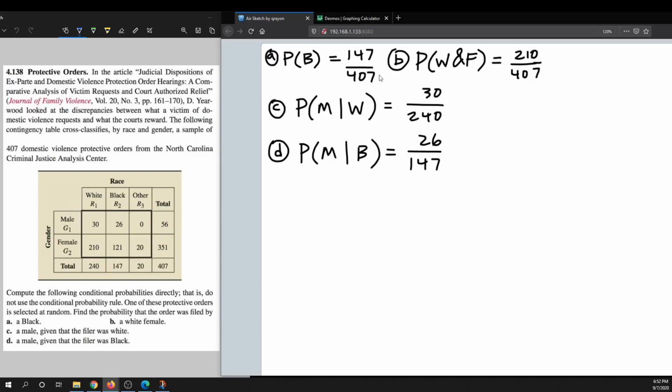So here you can see in the first two parts, we were calculating just a regular probability, not a conditional probability. Again, that's stuff that we did in a previous section.